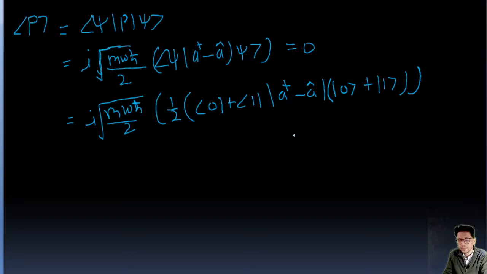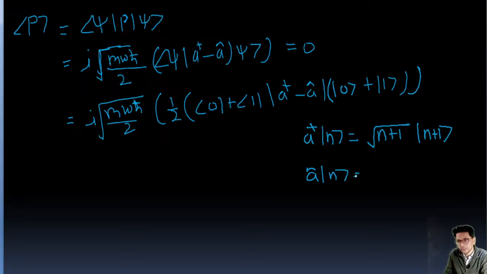And we know here that if you operate a dagger with n, this value is going to give root n plus 1, and the state will get increased, so n plus 1, we know. And similarly, if you operate a with n, it is going to be root n, and the state will get decreased, so it's n minus 1.